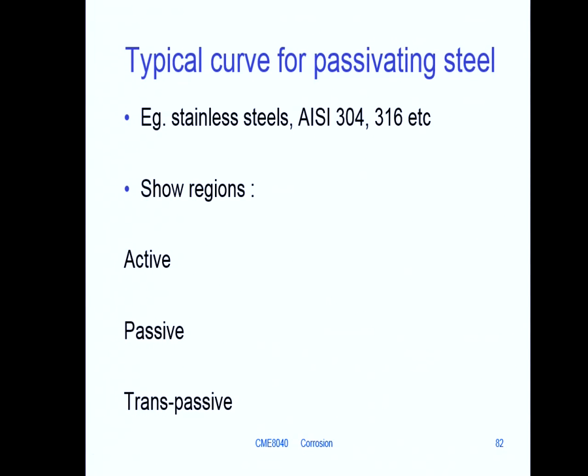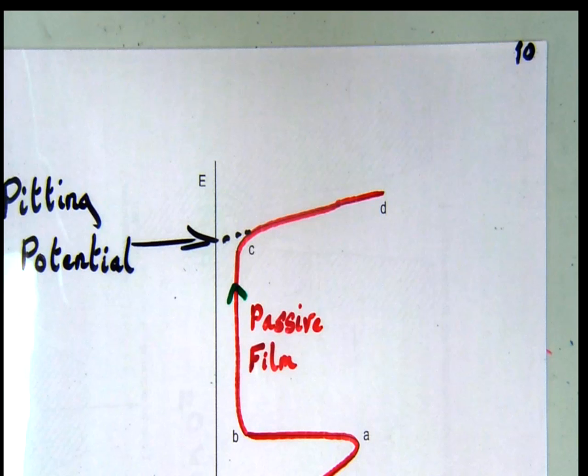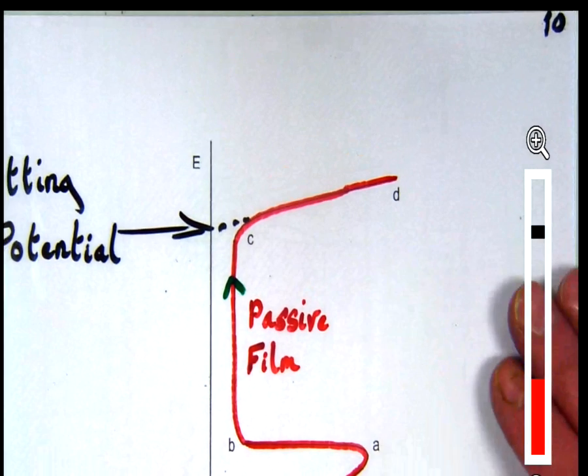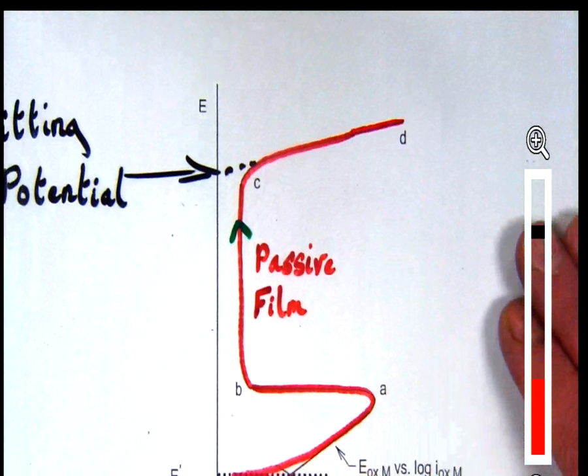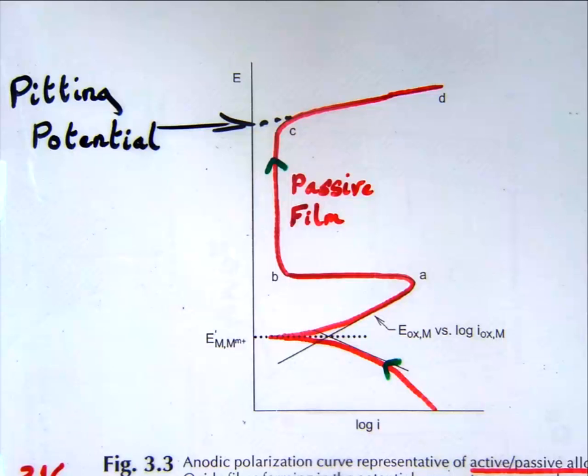This shape of curve is typical for a stainless steel. You'd sketch that. Okay, I've got no numbers on there, no scale, but you sketch the general shape of it for any stainless.